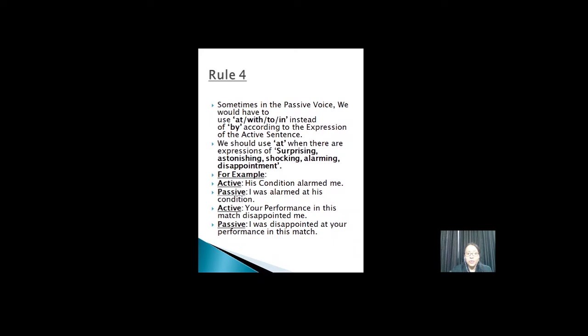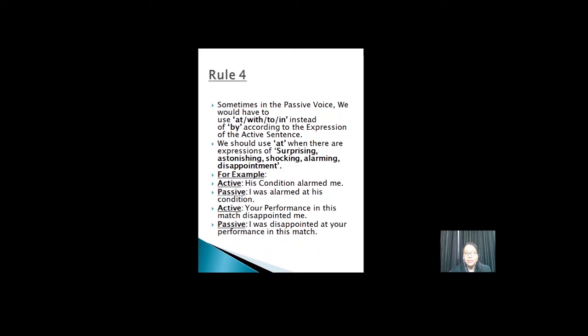So rule number 4: sometimes in passive voice we have to use some prepositions like at, with, to, in instead of "by." Where we were using "I have been beaten by," or "Tea is liked by," instead of "by" here we will use at, with, to, in some of the sentences. Clear? We should use "at" when there are expressions of surprise, astonishment, shock, alarm, disappointment.